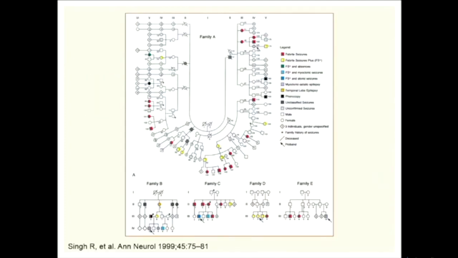When the disorder was first described, you saw really large families like this one, where the different colors indicate different phenotypes that were observed within the same family. When I first saw this, I thought, how do you know that they're all the same cause? But then the investigators actually found the mutations that were causing the disease in the family, and indeed all of the affected individuals had that mutation. So it's a classic case of variable expressivity.